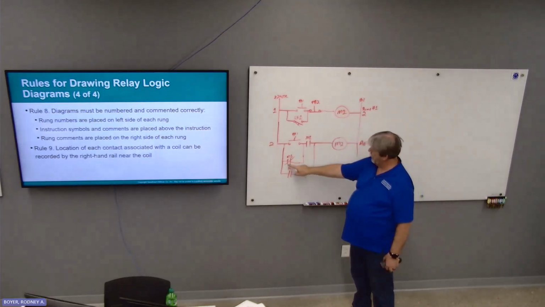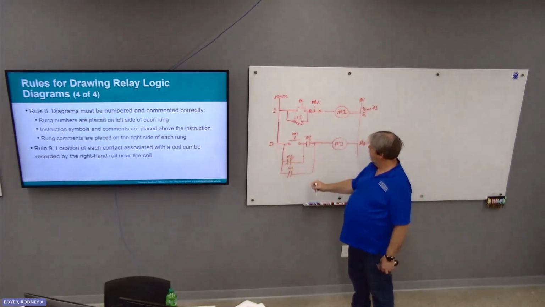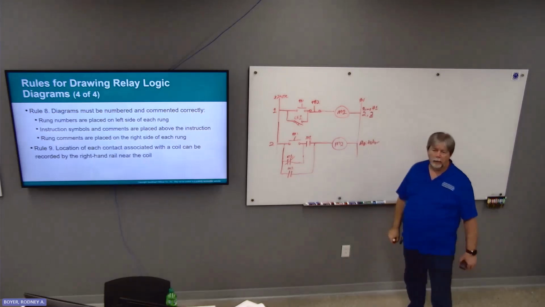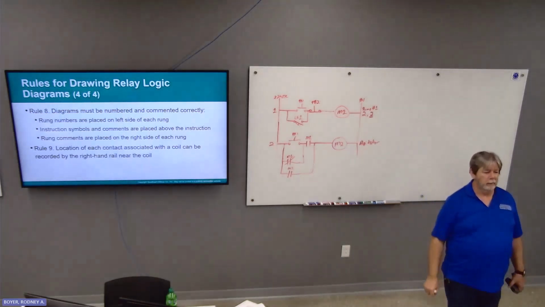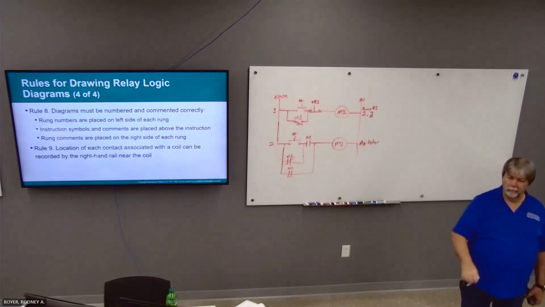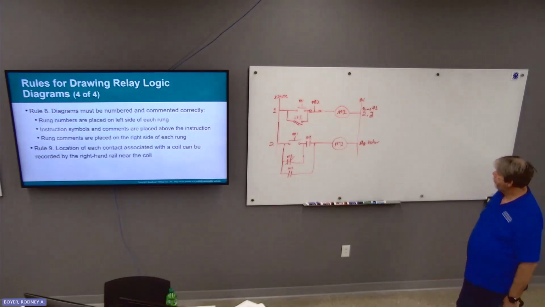I also have it normally closed on rung 2. I'm going to put a comma there, 2. I'm going to underline it to signify that it is a normally closed contact.